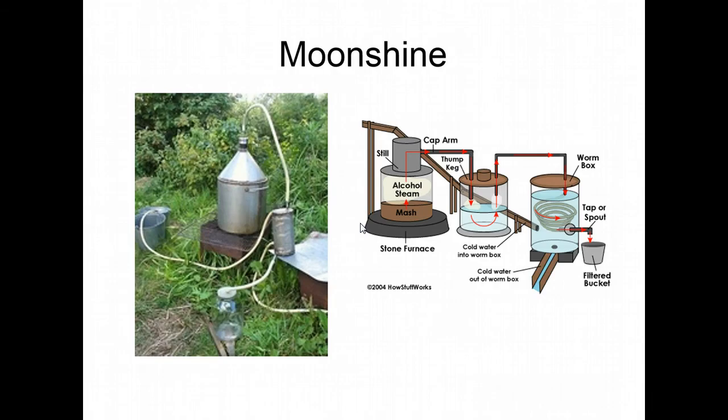Wine's a lot easier. And I love this picture. This picture is actually from a still in Africa. And it's basically the same thing. You've got the mash, and you're heating this up, and then, of course, the alcohol boils below water.